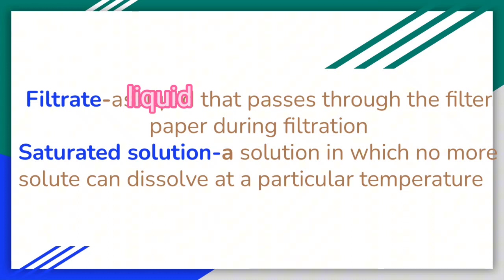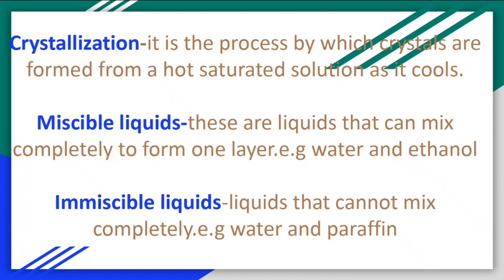Now we have more terms here. Crystallization, no, we talked about crystallization. That's a repetition. Now we have miscible liquids. When we talk about miscible liquids, we are referring to liquids that can mix completely to form one layer. An example of such liquids are water and ethanol.